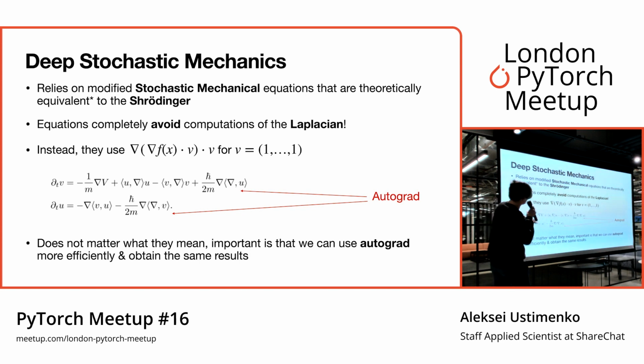And this operator on the right side is the same as just a Jacobian vector product applied to a Jacobian vector product. And it works fast. And the important thing, as I said previously, is that it is equivalent to the Schrödinger equations, but doesn't have a Laplacian anywhere.